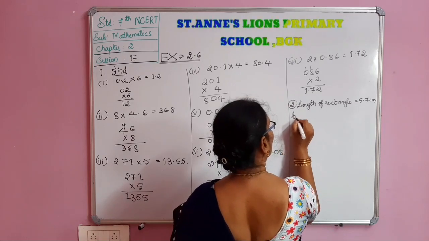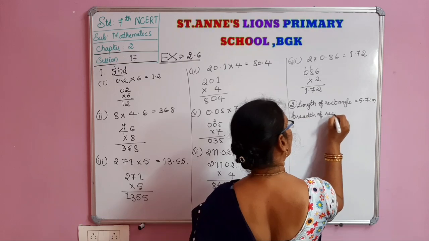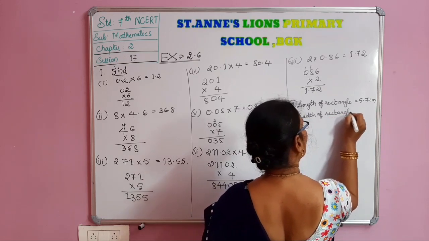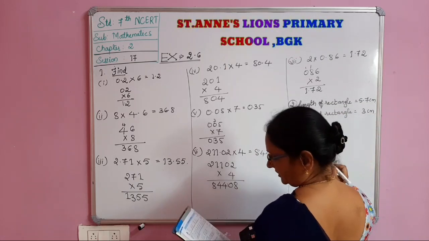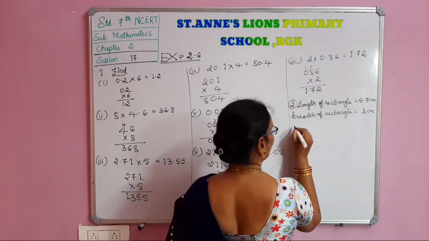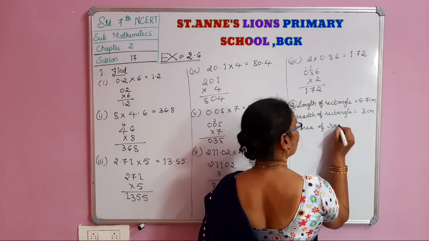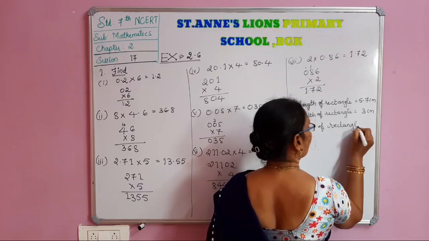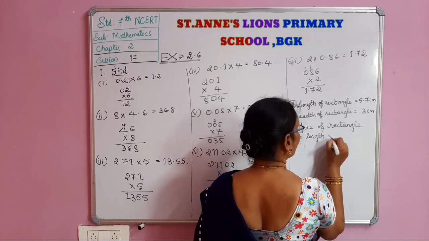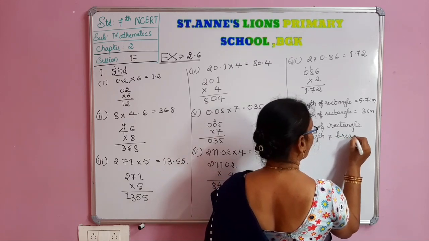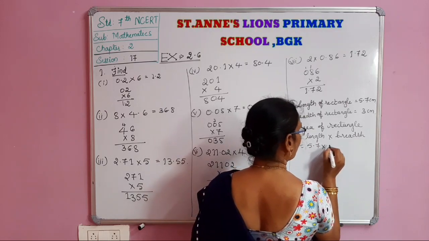Breadth of the rectangle is 3 centimeter. Then what we have to find out? Area. Therefore, area of rectangle is equal to length into breadth, that is 5.7 into 3.